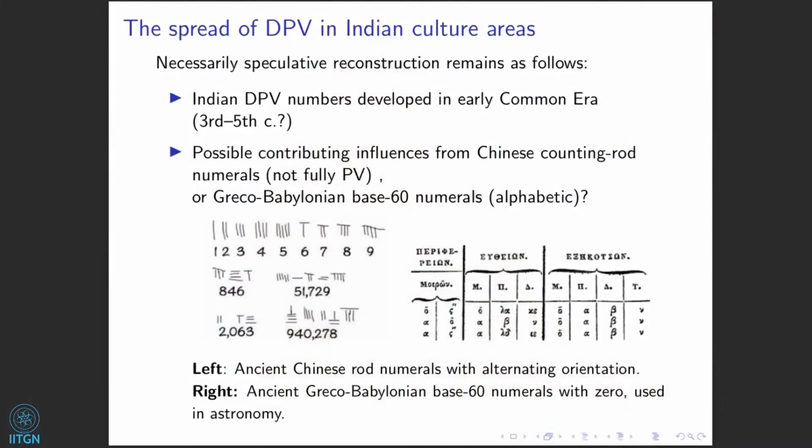And I still think that the 3rd century, or from the 3rd to the 5th century, despite the stubborn lack of reliable evidence for it, is a perfectly plausible time frame for this to have happened. And we haven't even mentioned the possible contributing influences from other numeral systems that people in India at this time could have been familiar with.